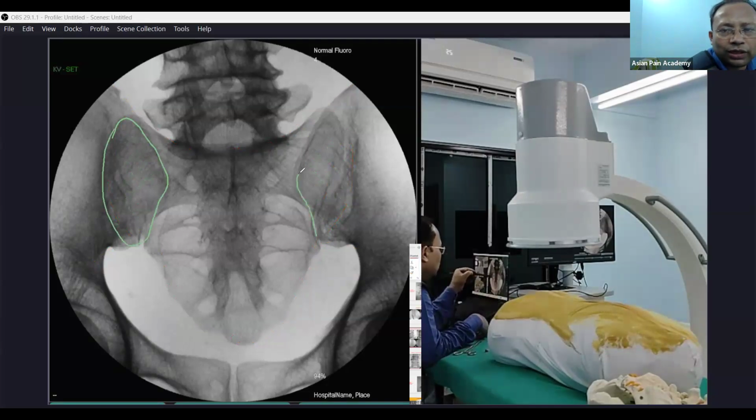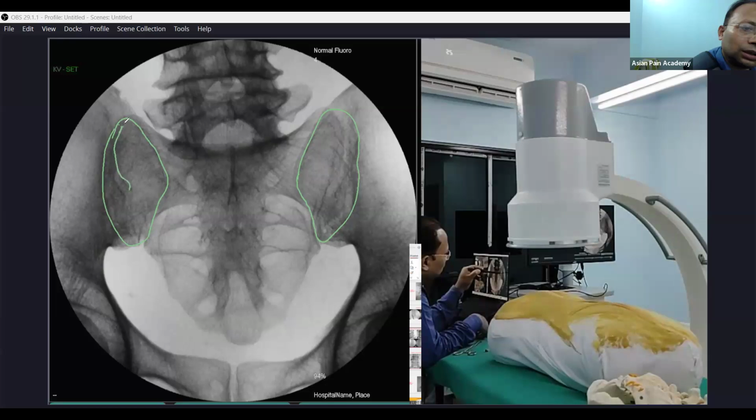No. This part is actually a hanging part.